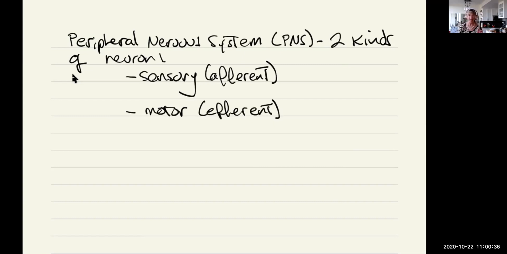The sensory neurons, how many neurons in a sequence of the sensory neurons that ascend the spinal cord? I'll get to your question there in a moment. 3, sometimes even 4, which occurs in the cerebrum. And the motor efferent neurons have 2.